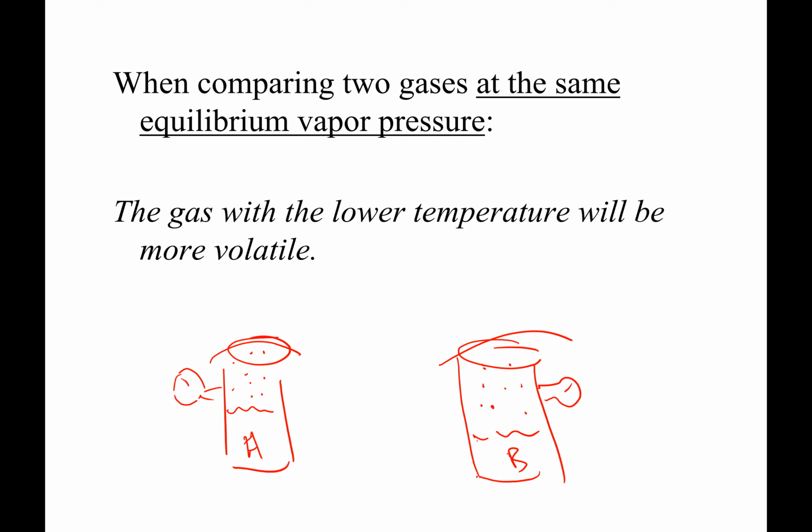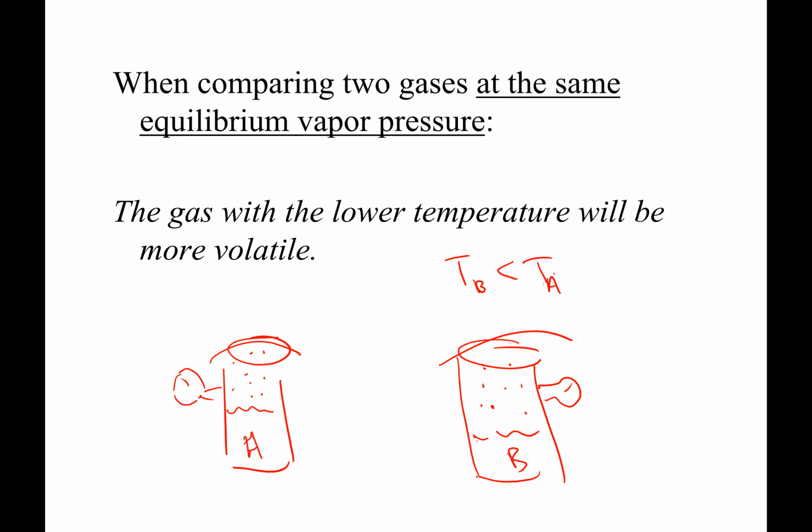The thrust of this is that in this case, B is more volatile. One of the things we're going to see is that if I cool it down, less will go into the gas phase, so the equilibrium pressure will be less. So the temperature of B is going to have to be less than the temperature of A. Why?